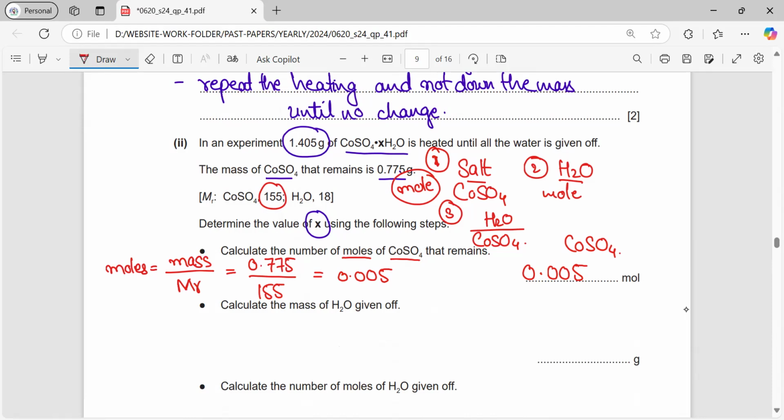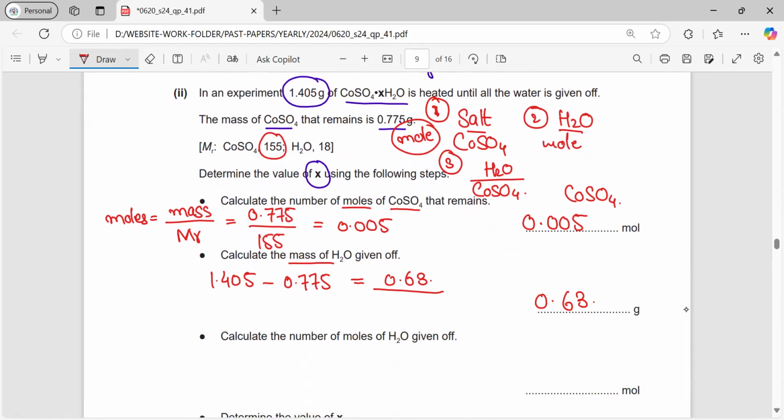Now find the mass of water. We have the mass of the crystal, which is 1.405, we will minus the mass of anhydrous cobalt sulfate from it, and it will give us the mass of water. So the mass of water will be 0.63. We have the mass of water.